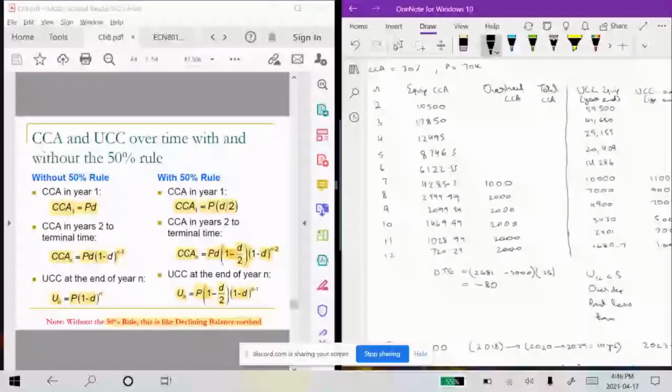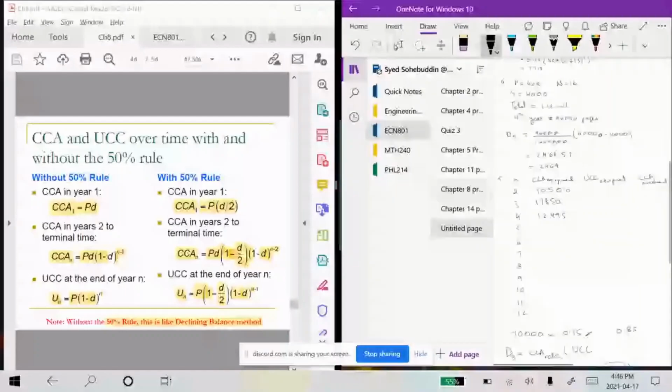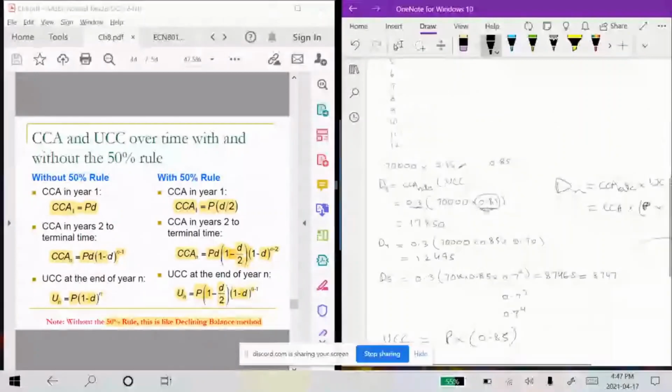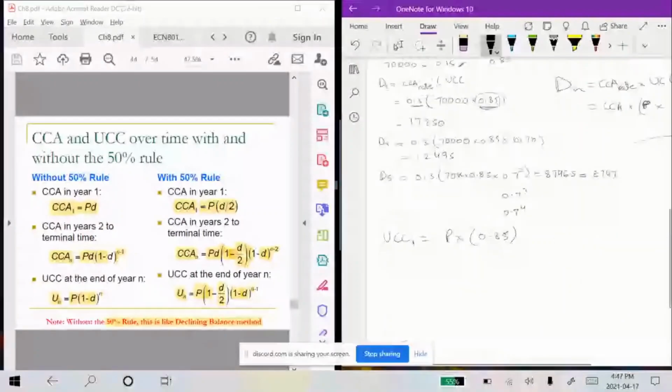Now for the UCC of the equipment, right? The UCC1 is calculated as P into 0.85, because in the first period it was depreciated by 15%. So what's left is 85%. In the second one, it's P into 0.85 from the first period, and then 0.7 because it was depreciated by 30% in the second period.